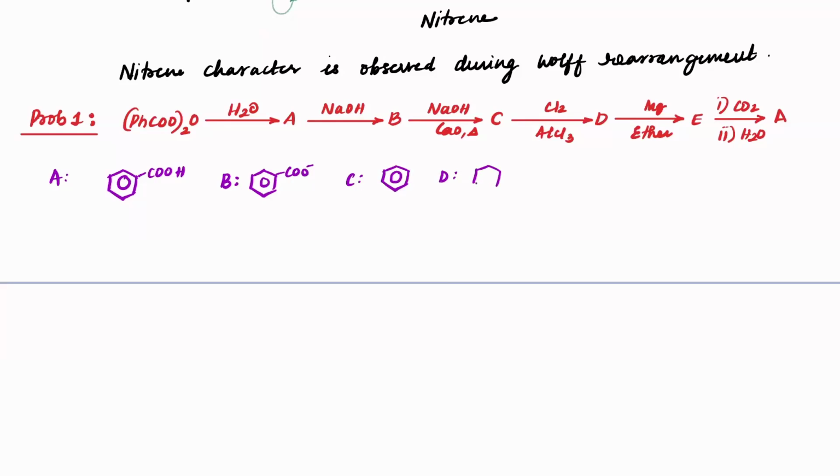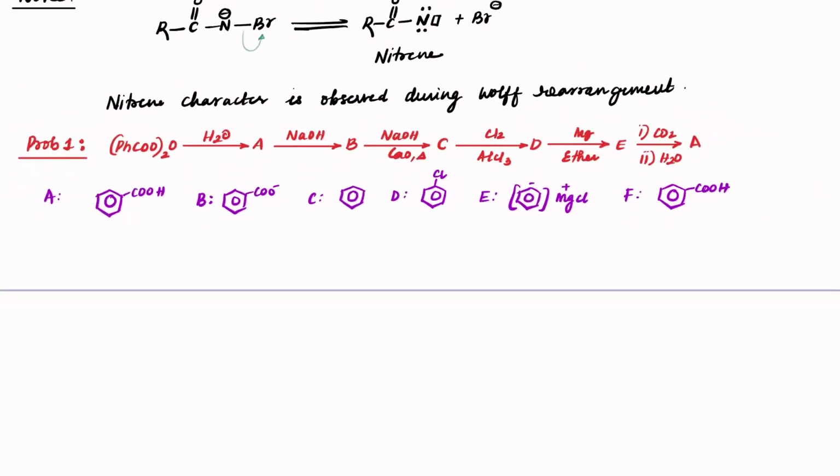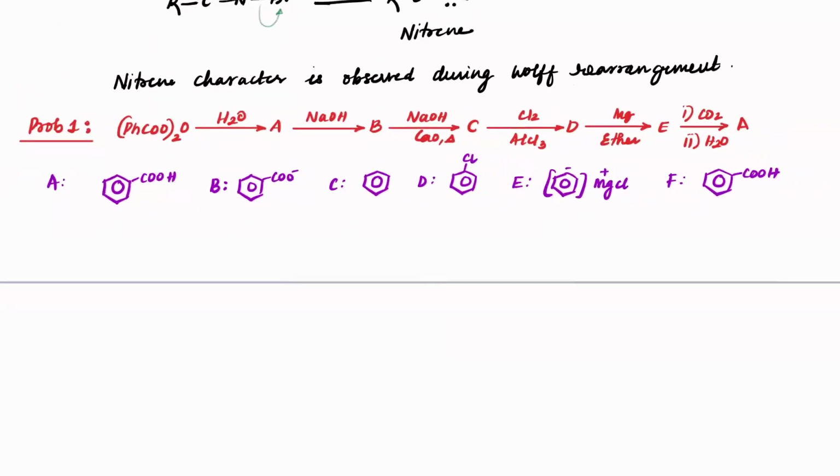D is halogenation, electrophilic substitution, that makes it D. E is Grignard's reagent, so I'll get this as phenyl minus and MgCl plus. This is Grignard's reagent. And F is again getting back to benzoic acid. Very important conversion. Simple one, but if you could revise all the reactions, these kinds of reactions are important.